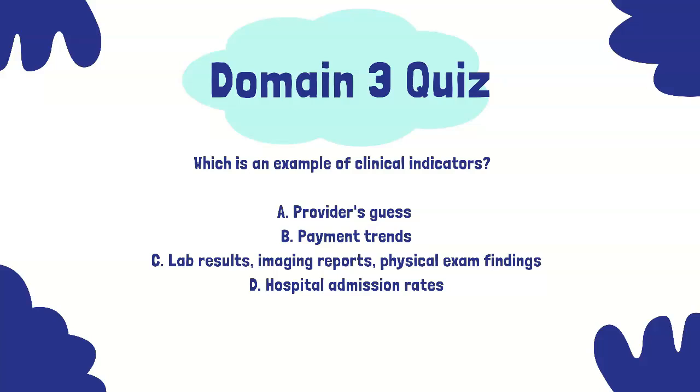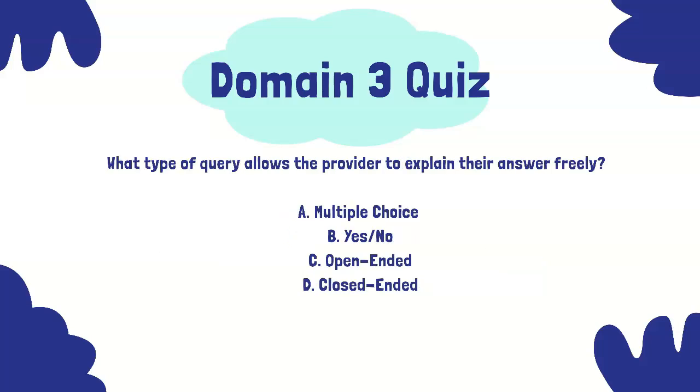According to page 9 of the query process, clinical indicators are objective signs supporting a diagnosis, like labs and imaging. Next question. What type of query allows the provider to explain their answer freely?